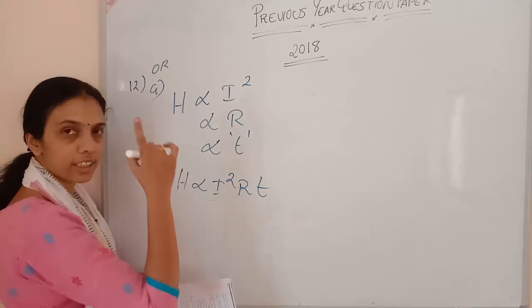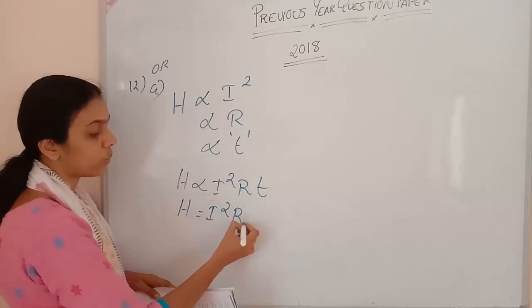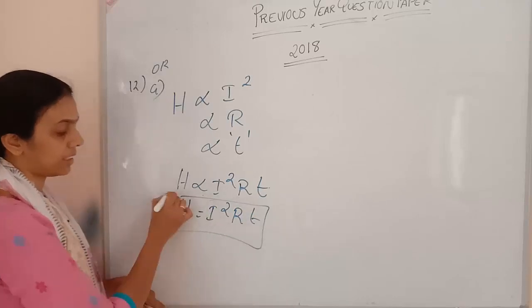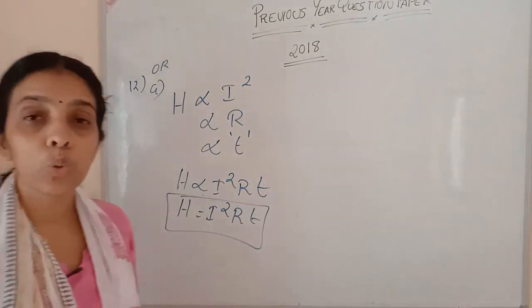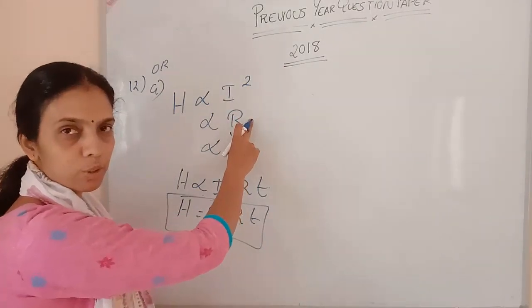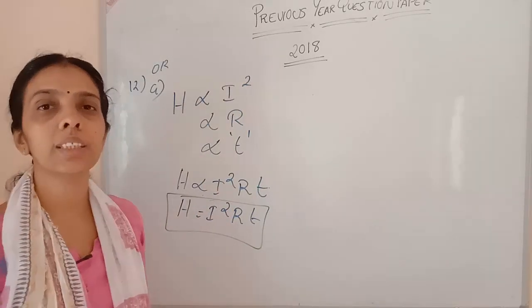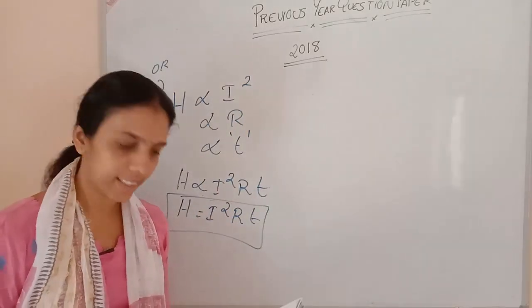Since the proportionality constant is 1, we can write H equals I square RT. Okay, this is Joule's law of heating.